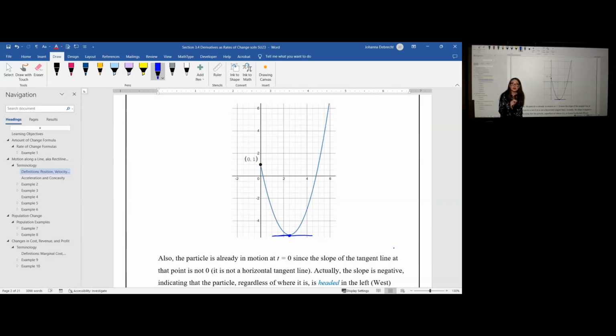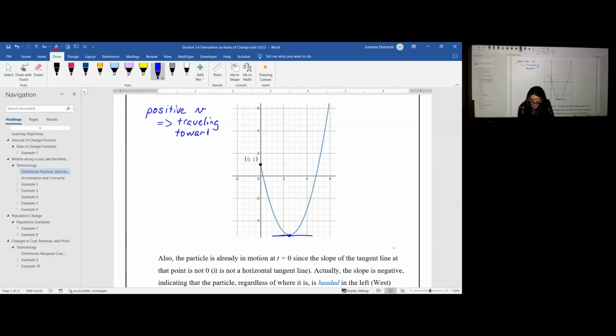And then it must be turned around because on the right side of that point, the tangent line becomes positively sloped. If the tangent line is positively sloped, the velocity is positive. When velocity is positive, it is moving to the right, or in our case, east. So in this case, we can say that positive velocity means that it's traveling towards the right.